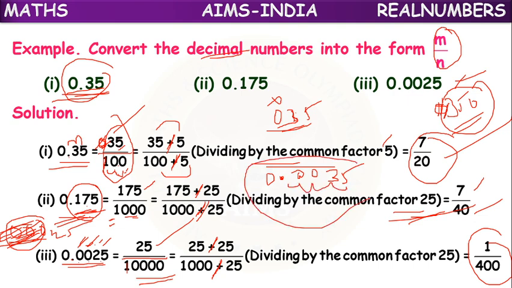At that time, we have to count these zeros to keep the number of zeros in the denominator. But while writing the numerator part, this 0 should not be counted if it is on the extreme left. Okay.